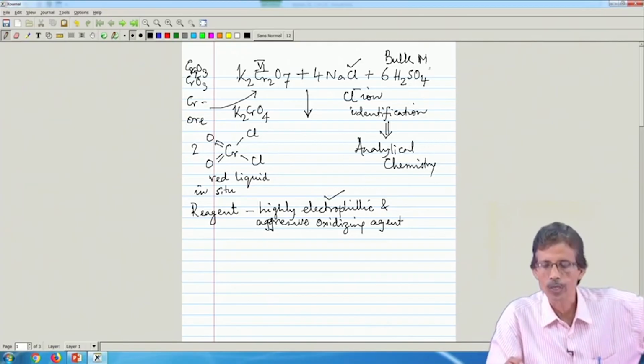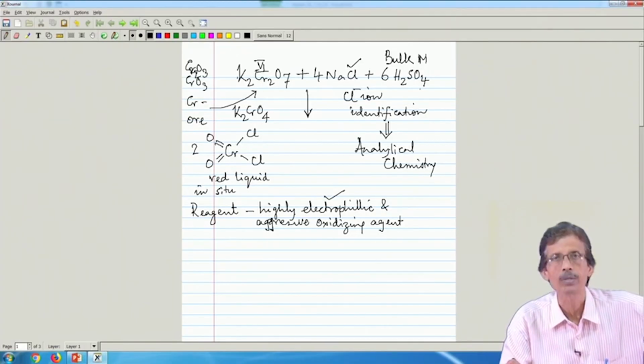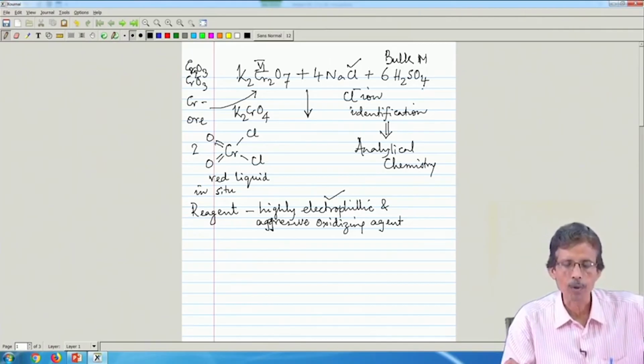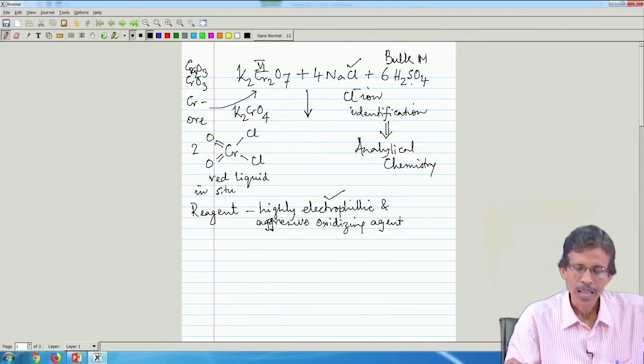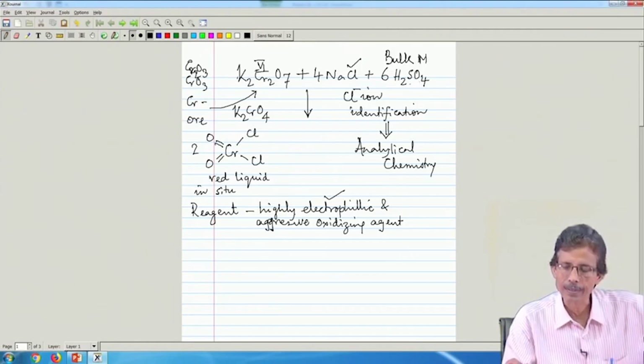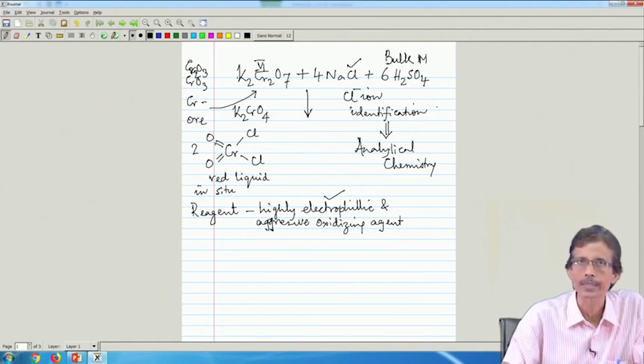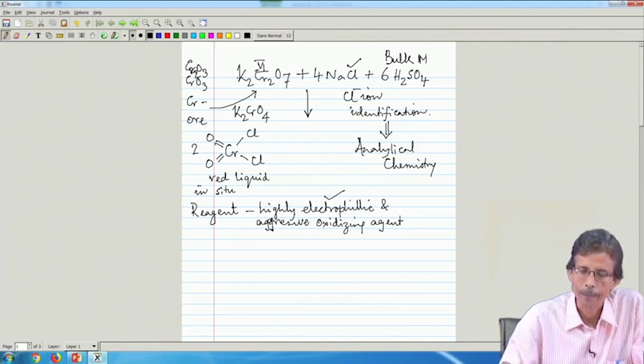So, you see how we consume sulfuric acid from the simple laboratory to the industry. Maintaining the acidity of this particular reaction is important, and maintenance of that acidity is only from sulfuric acid, not from hydrochloric acid or nitric acid.